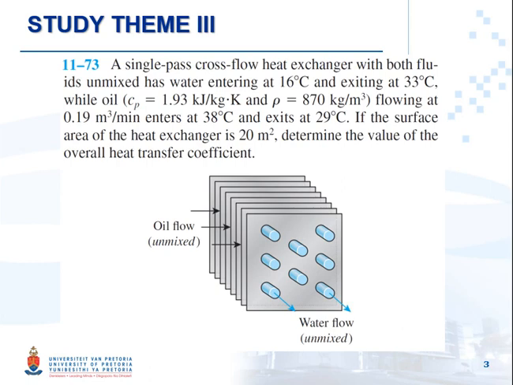It's saying that a single pass cross flow heat exchanger with both fluids unmixed. Okay, many pieces of information here. We are just going to write it down. Single pass, cross flow, both fluids unmixed.